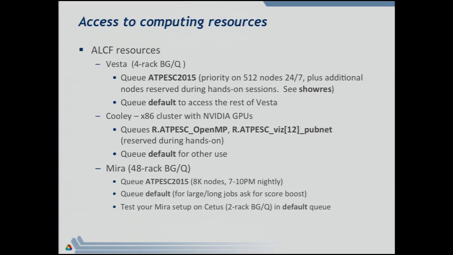Now, the ATPESC 2015 queue will only have access to at least 512 nodes, or a larger set during the reservation. The machine is 4 racks, that's 4K nodes. If you need more than the 512 nodes, go ahead and run in the default queue.